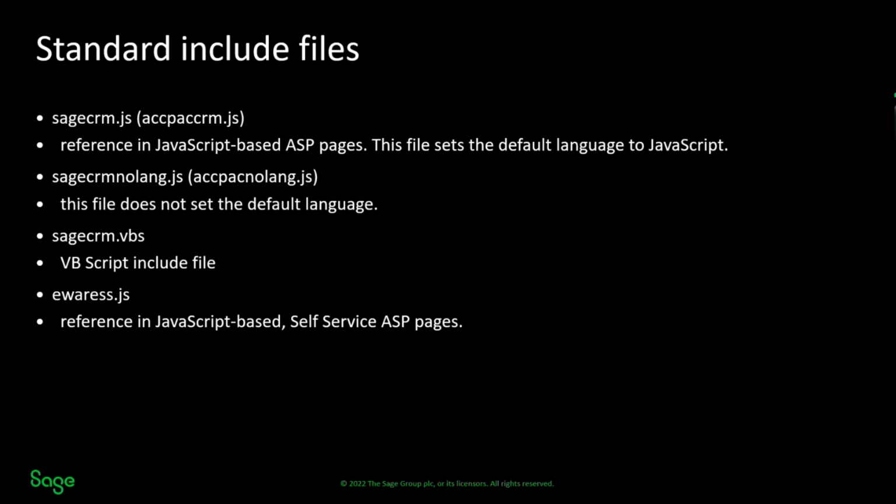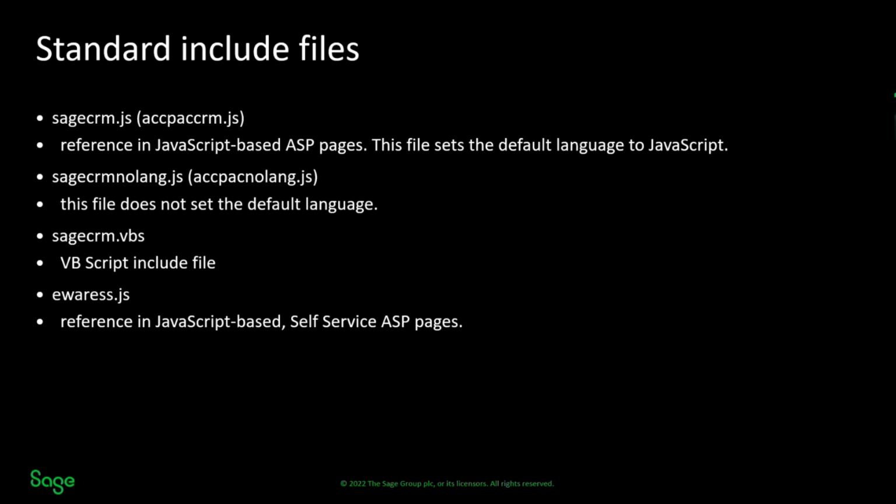Another type of include file is created automatically by the advanced customization wizard, and I will touch on the wizard in this lesson a little bit, and more in the following lesson.